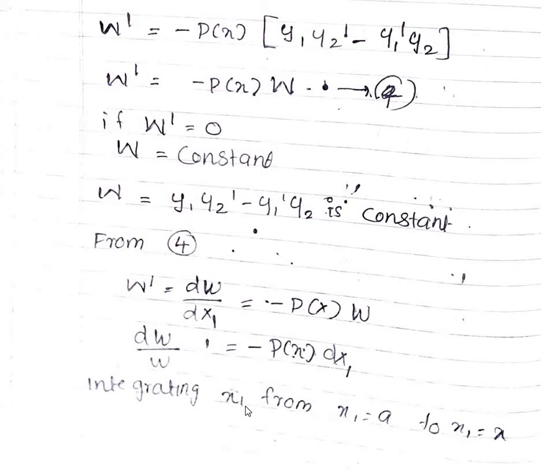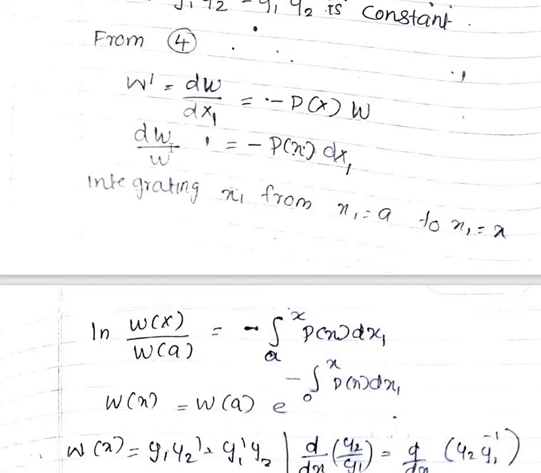So integrating from x1 = a to x1 = x, where a is an arbitrary limit, we are integrating the function in x1 from a to x. When we integrate this, we will get a natural logarithm: ln W(x)/W(a). When we apply the upper limit and lower limit, we get W(x) divided by W(a) is given by minus the integral from a to x of p(x) dx1.